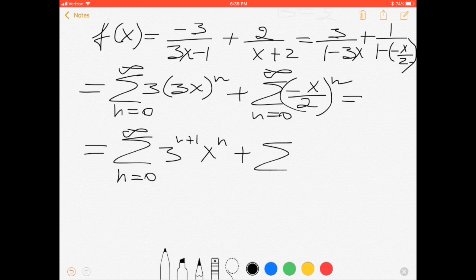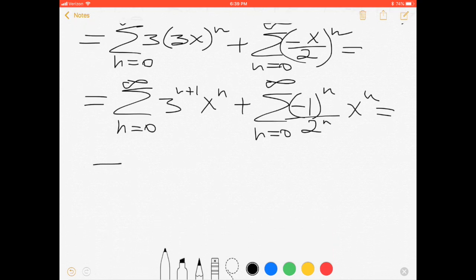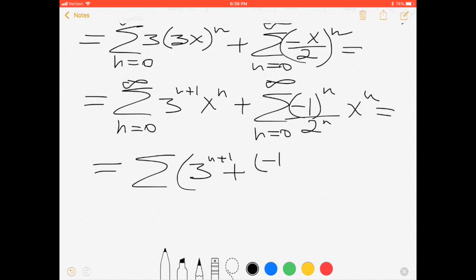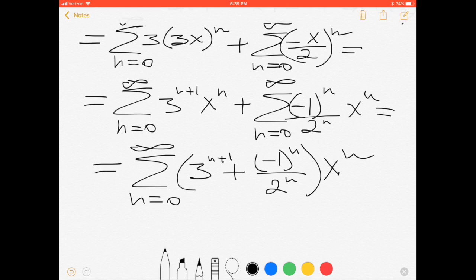The second series gives us negative 1 to the power n over 2 to the power n times x to the power n, and it will be the sum of (3 to the power n plus 1 plus (negative 1) to the power n over 2 to the power n) times x to the power n, from 0 to infinity.